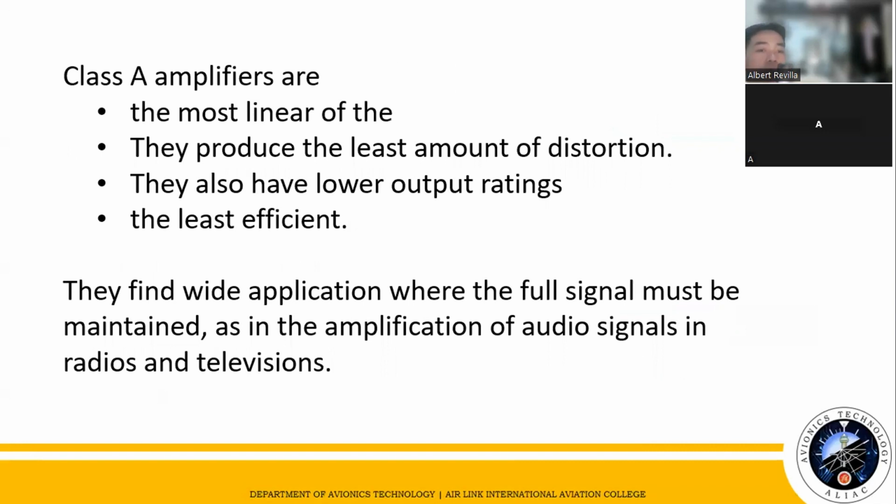So, the Class A amplifiers are the most linear of the amplifiers, and they produce the least amount of distortion. They also have lower output ratings and are the least efficient. So they find wide application where the full signal must be maintained, such as the amplification of audio signals in radios and television.